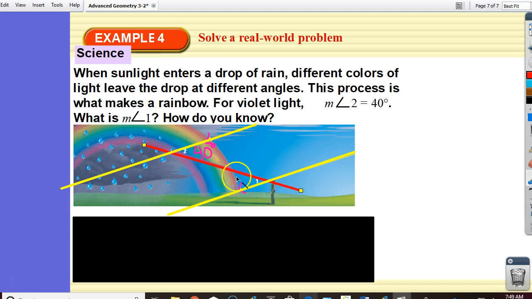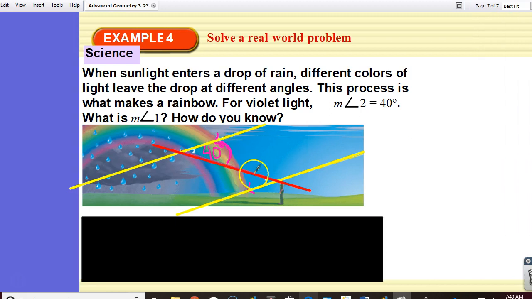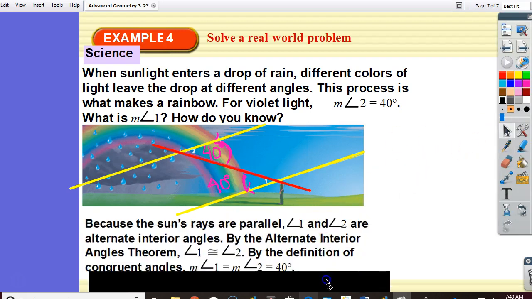Now does that look like parallel lines with a transversal cutting through? So can you guys now see that this and this right here would be alternate interior angles? If parallel lines, alternate interior angles are congruent. So we know that angle 1 is 40 degrees because of the alternate interior angles, right?